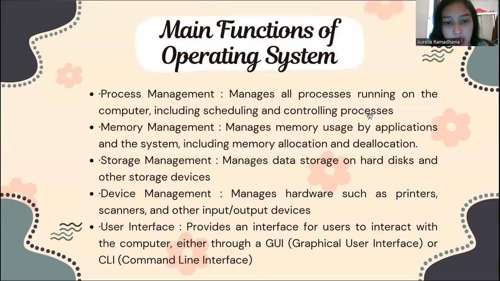Next is main functions of operating system. One, process management. Management of processes running on the computer, including scheduling and controlling processes. For example, setting process priorities, allocating CPU, and managing multitasking.